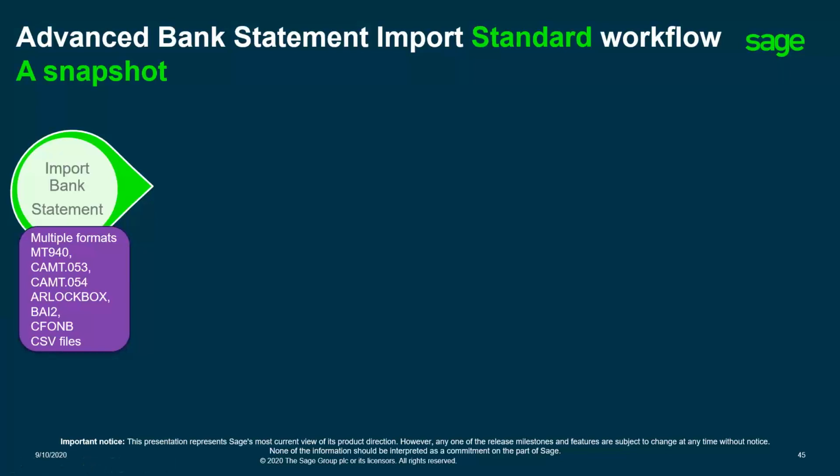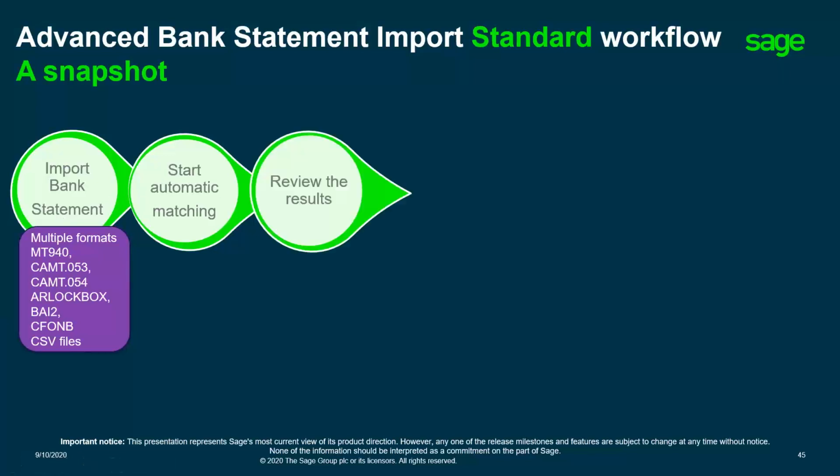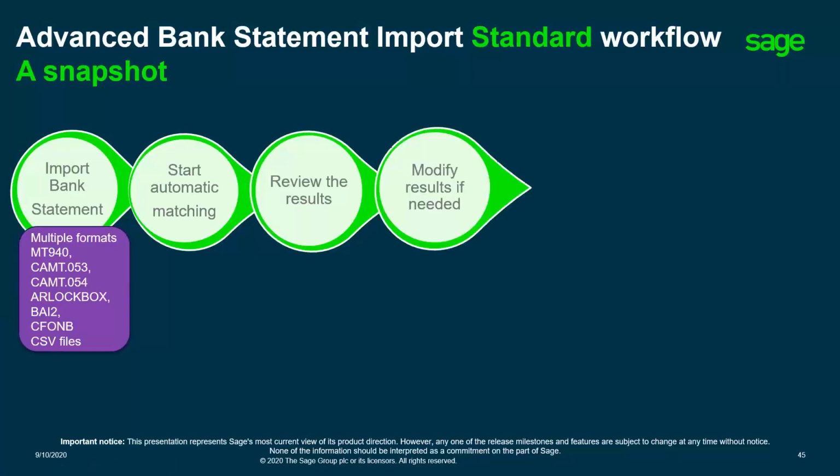I know that in this region, each bank has its own bank format. It's not standardized like in some other regions, okay? But X3 has the capability for the consultants to set up for the customers, okay? Then you import the bank statement. Then you start the automatic matching via a function, of course, and then you review the result of the automatic matching.